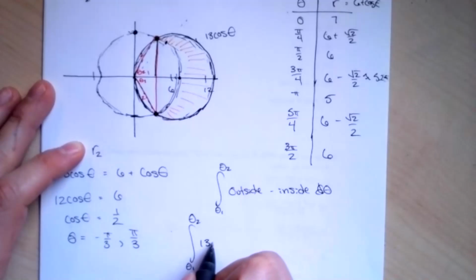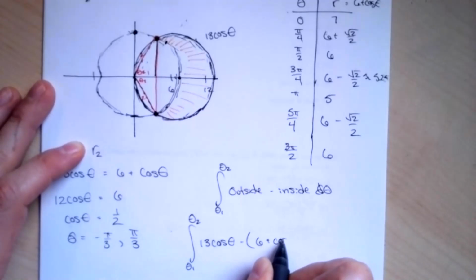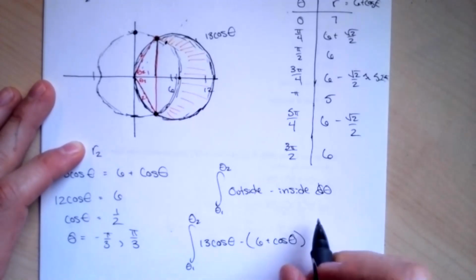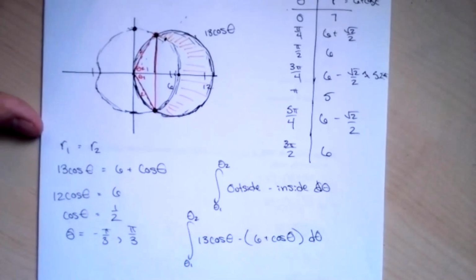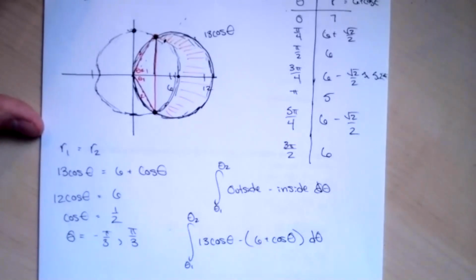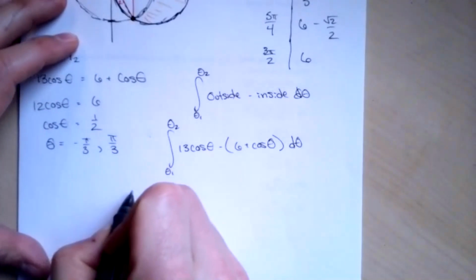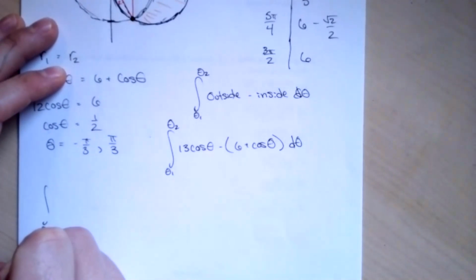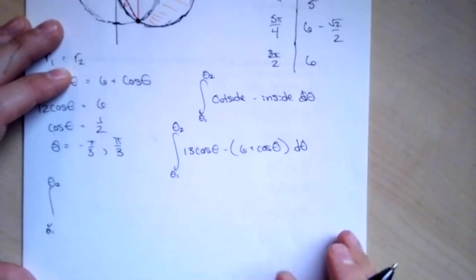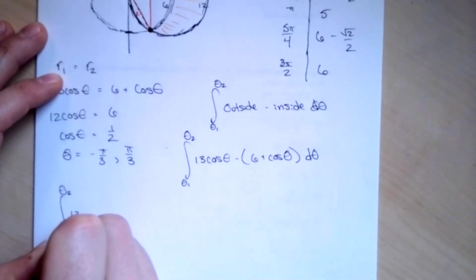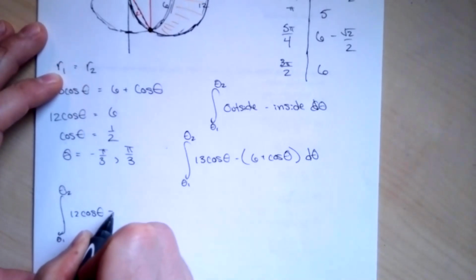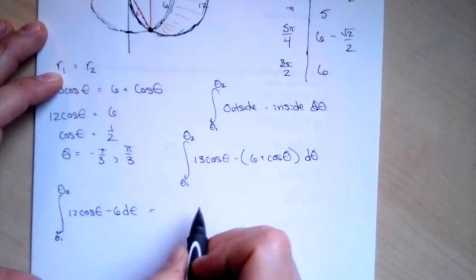So our outside was 12 cosine theta minus 6 plus cosine theta d theta. And so what do we get? 12 cosine theta minus 6 theta. Fairly easy integral from there.